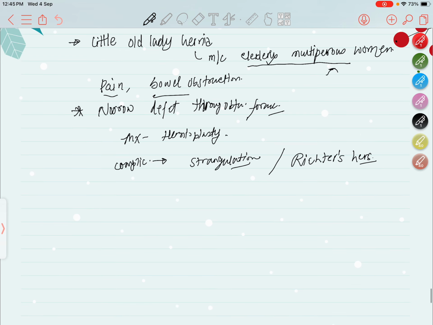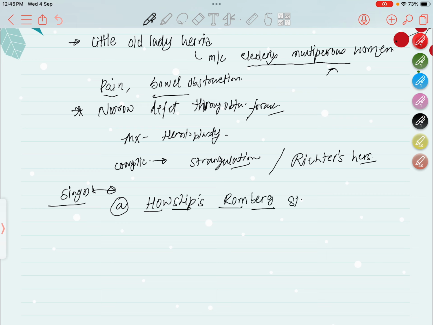So what are the signs of obturator hernia? The first is Howship-Romberg sign.